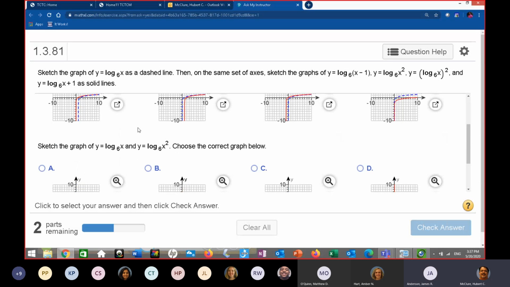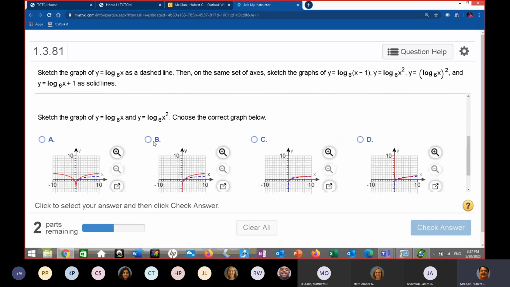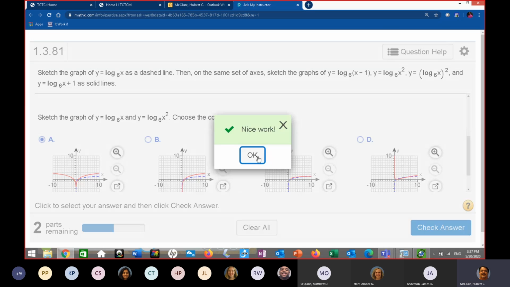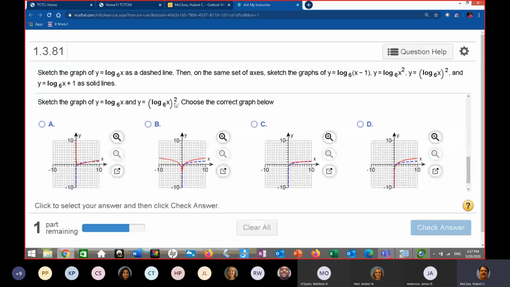All right, this one says log of x versus log of x squared. Well, that's the volcano. Which one is the only one that has a volcano in it? A, Hubert. That's right, class. Thank you for the input. What's the next one? All right, what does the log of x? We said it looks inverted, doesn't it? It's inverted.